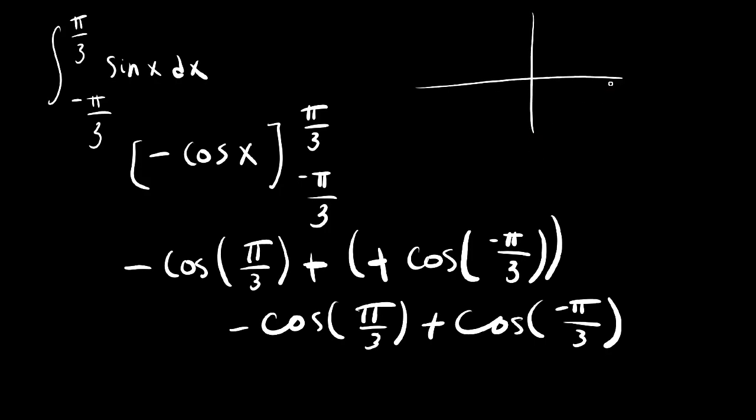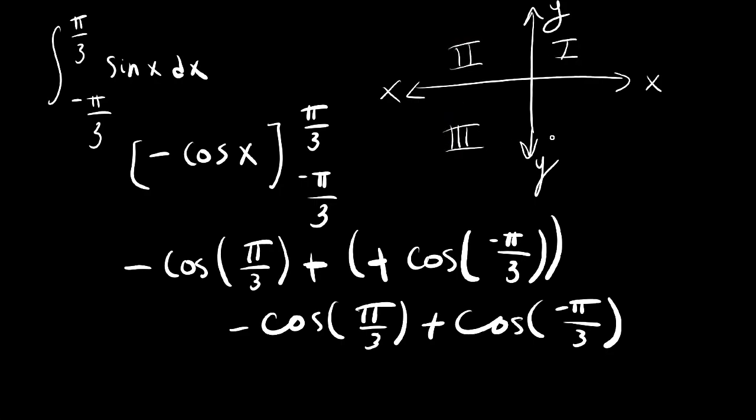Or not the table, I mean the graph. X, Y, X, Y. So this is quadrant 1, quadrant 2, quadrant 3, quadrant 4. Right?